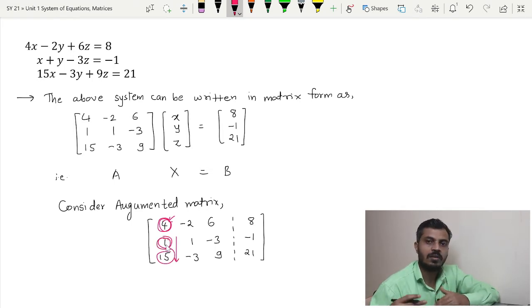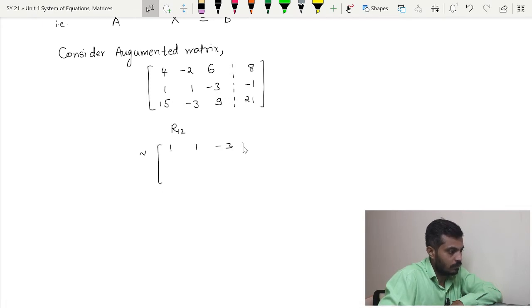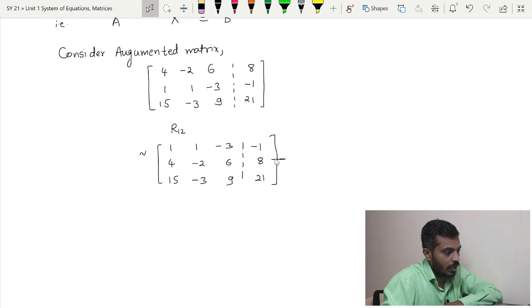So what I can do is interchange the first row and the second row. By performing R12, this will be equivalent to 1, 1, minus 3, minus 1, 4, minus 2. And you can divide the second row by 2 and the third row by 3, because each entry in the second row and each entry in the third row is divisible by 3.